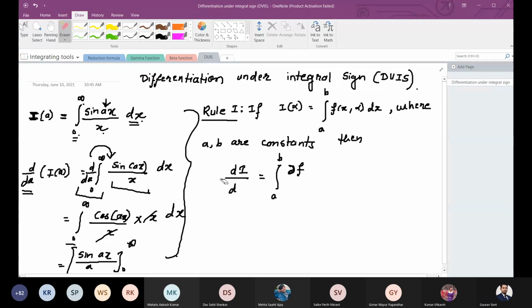We have I of alpha, so the derivative is going to be with respect to alpha.